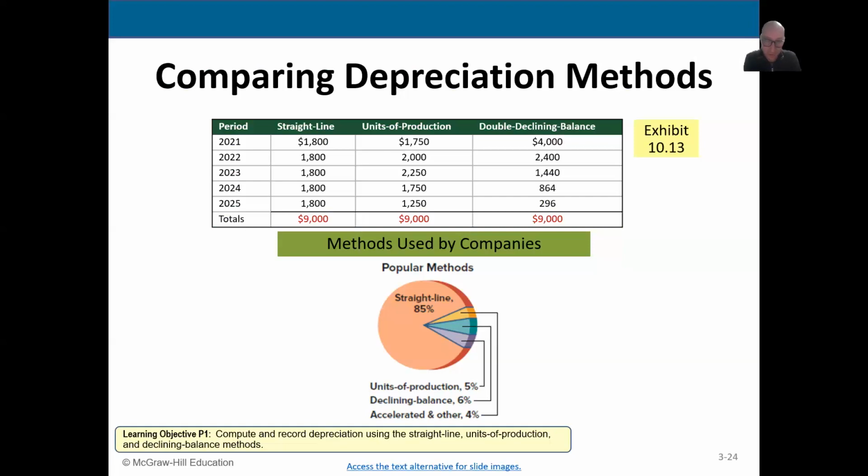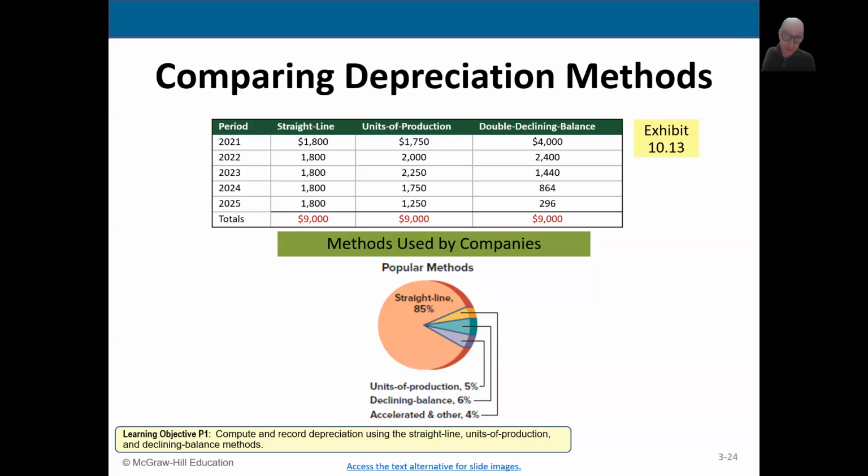It's based off of the number of units we expect to produce in each year until we get to the 9,000. And then double declining balance, we see that it declines by double, right? It's the whole idea, until it reaches where it's supposed to be.